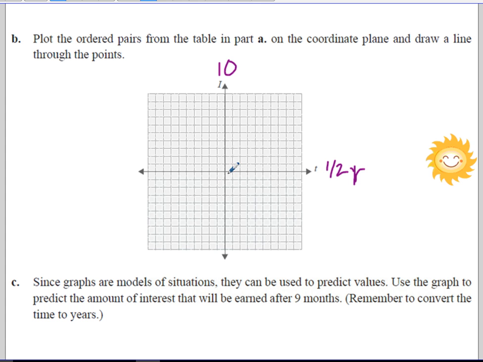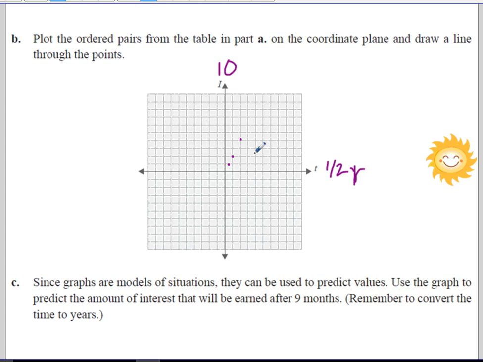So for our time at 1/4, we're up at 10, so we're at 1/2 of a half, and up 1 box for 10. Then at a half, we're up at 20. At 1, which is 2 halves, we're up at 40. At 2 years, we are up at 80.